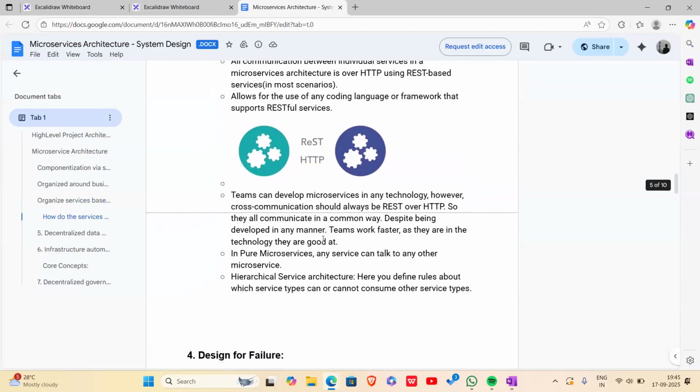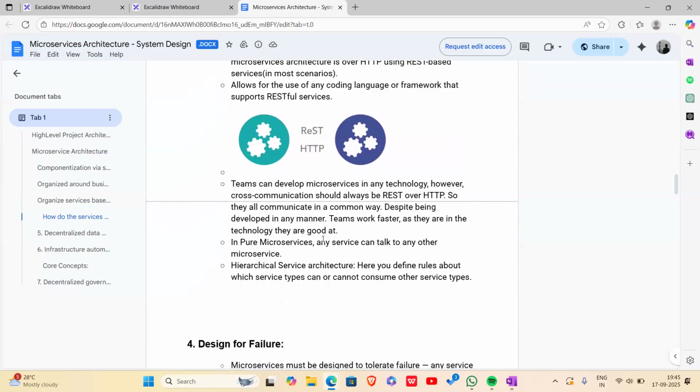Teams can develop microservices in any technology. However, cross communication should always be REST over HTTP, so they communicate in a common way. Despite being developed in any manner, teams work faster as they use the technology they are good at. In pure microservices, any service can talk to any other microservice. In a hierarchical service architecture, you define rules about which service type can or cannot consume another service type.